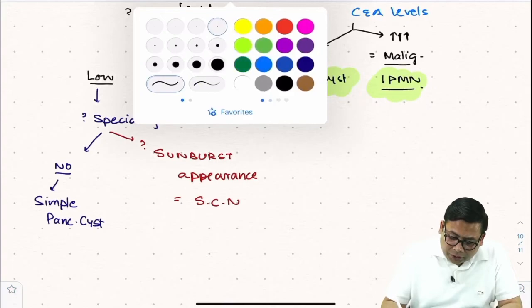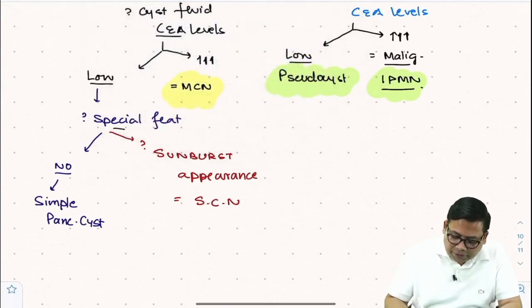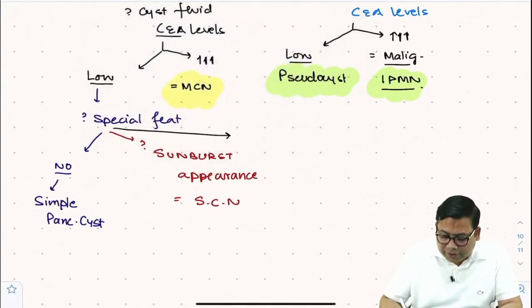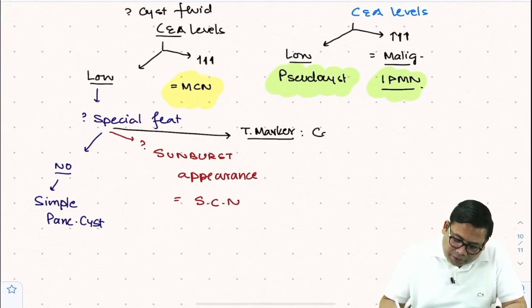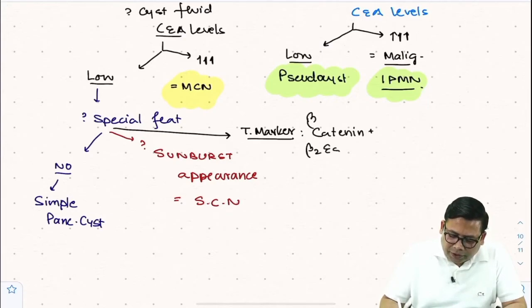Apart from that, do you think there is one more category? Answer is, when you talk about special features, there are certain special tumor markers. So, cyst fluid amylase and CEA levels are low. Tumor markers: this is positive for beta catenin, and beta 2 type of estrogen.